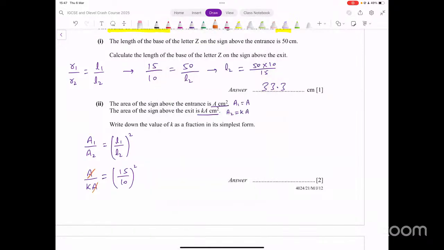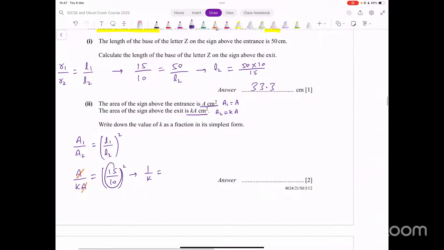A and A get cancelled, and we are left with 1 over K equal to 15 over 10 squared. We can cancel it out. This becomes 3 over 2, squared, which is 9 over 4, right? 3 squared is 9, 2 squared is 4. So that's 1 over K equal to 9 over 4. What's the value of K going to be?